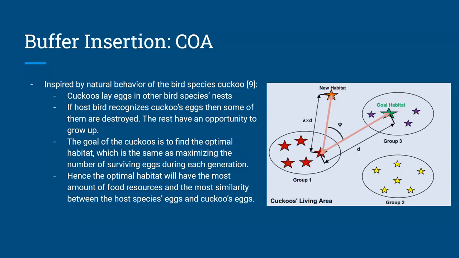The goal of the cuckoo is to find the optimal habitat, which is the same as maximizing the number of surviving eggs during each generation. Hence, the optimal habitat will have the most amount of food resources and the most similarity between the host species' eggs and the cuckoo's eggs.